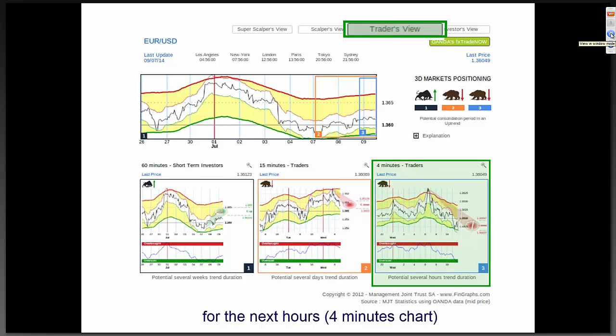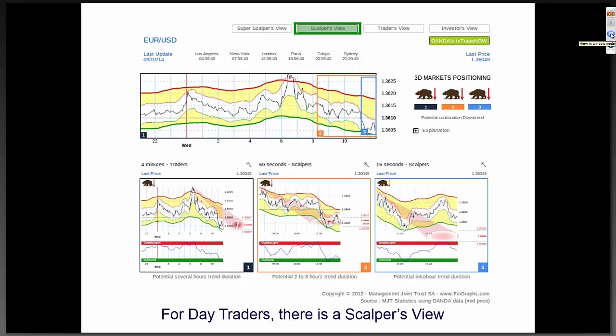A trader's view is adapted to someone that looks at the screen maybe 2-3 times a day, wants to gain a weekly perspective for his trading strategy, wants to check his daily position with the 15-minute chart, and wants to identify intraday turning points with the 4-minute chart. For day traders, there's a scalper's view.